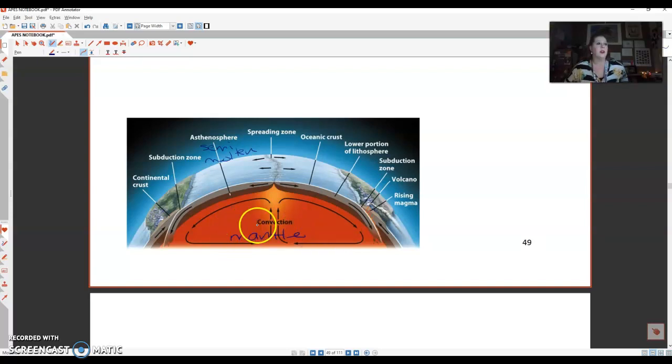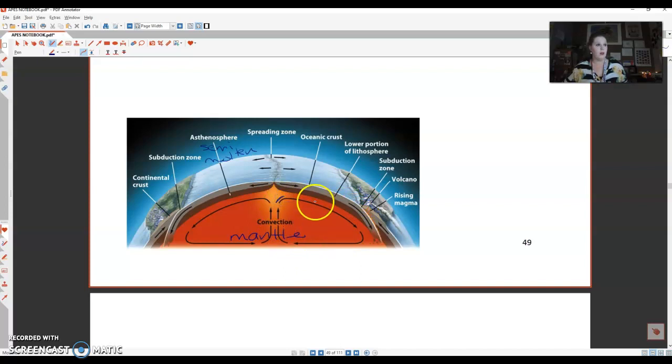So here's this term convection. Now, we learned about convection during our weather unit when we were looking at how air flows. Magma does the exact same thing. So we know that heat rises. You can see it's a circulation. So when magma gets heated, it rises up.